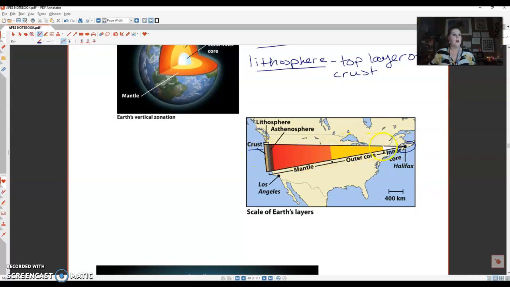From the crust all the way to the inner core is roughly the width of the United States, which is about 3,300 miles deep, or, because it's a science, 5,400 kilometers.